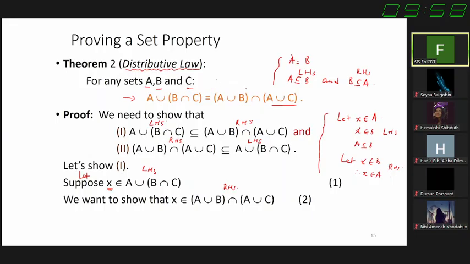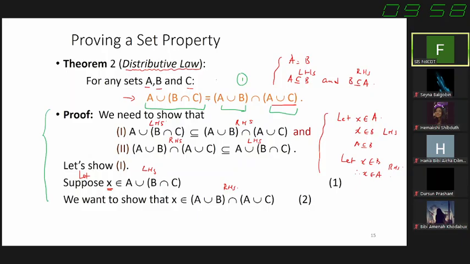Number one is the distributive law. The distributive law says A union B intersection C equals A union B intersection A union C. That's what is known as the distributive law, right? That's the first thing you need to understand. But this explanation goes a little further to explain why this distributive law is true.